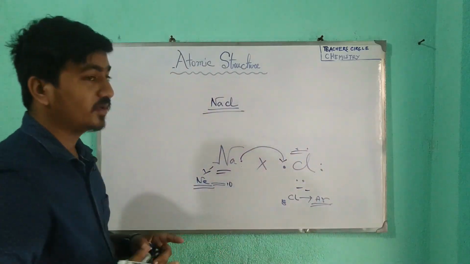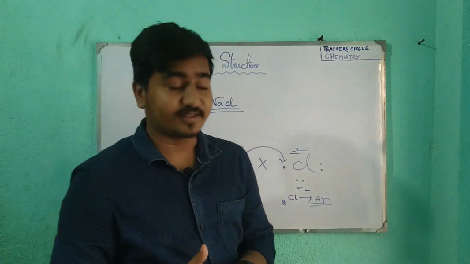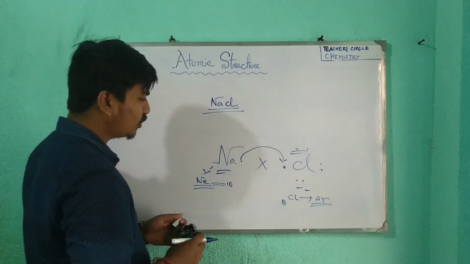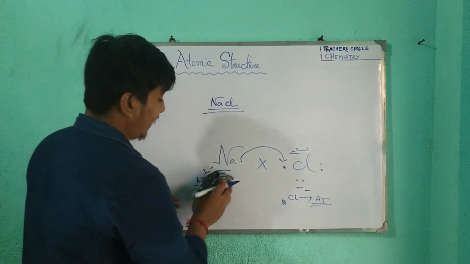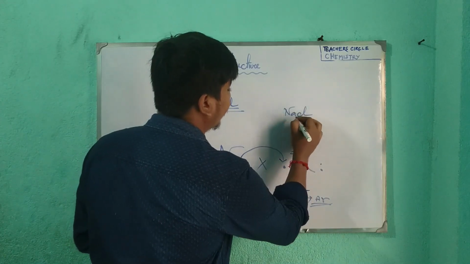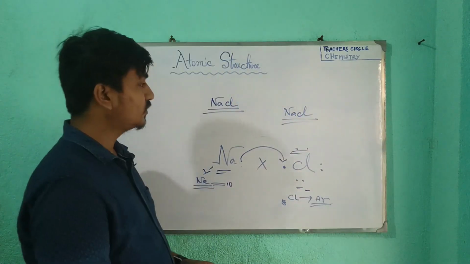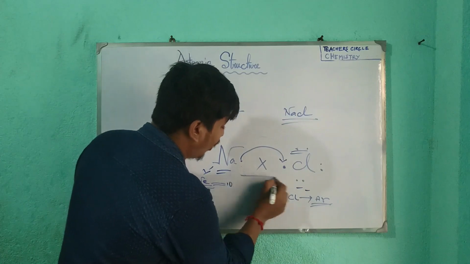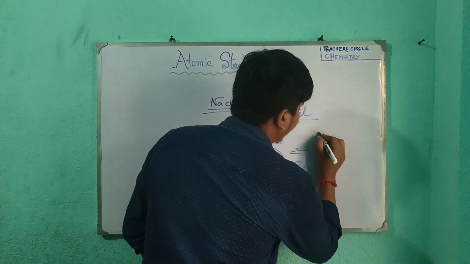So both of them become stable, and therefore they combine with each other and form NaCl, the common salt. This type of bonding is called an electrovalent bond.